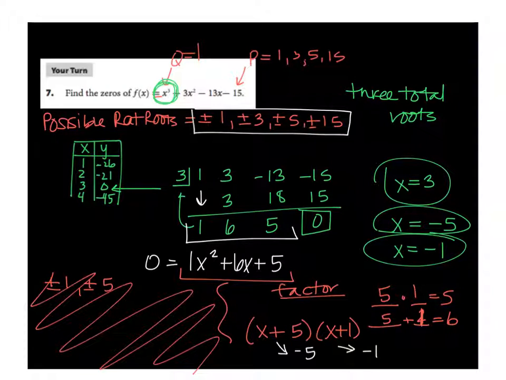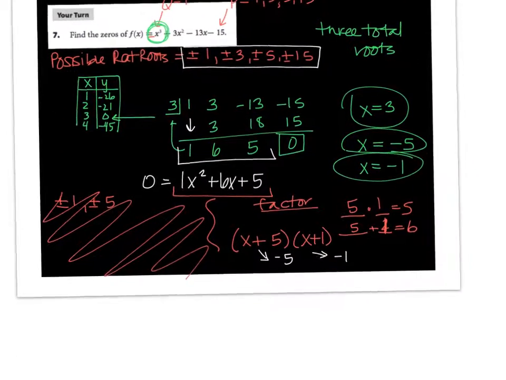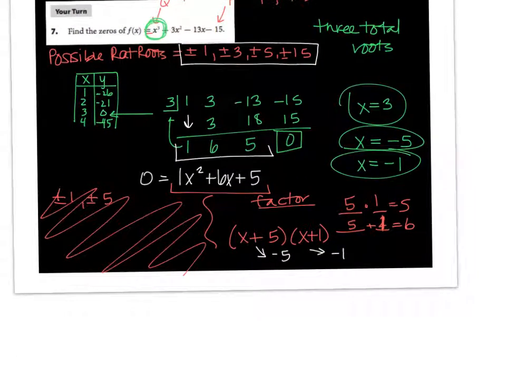The last thing that I want you to note about today is because now that we have the 3 solutions, we can actually write this in factored form. So if I went back to write the whole polynomial, the new factored form, this is not what this is asking, but I'm just trying to tie some things together for you. If I was to factor out x to the third plus 3x squared minus 13x minus 15, that's the original problem.